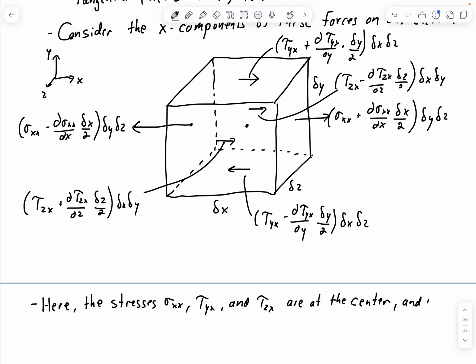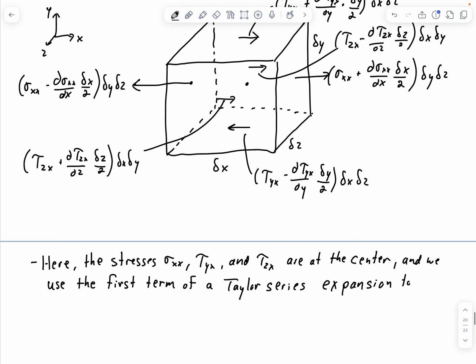And what we're doing is, we're using the first term of a Taylor series expansion to describe the stresses on the surfaces.